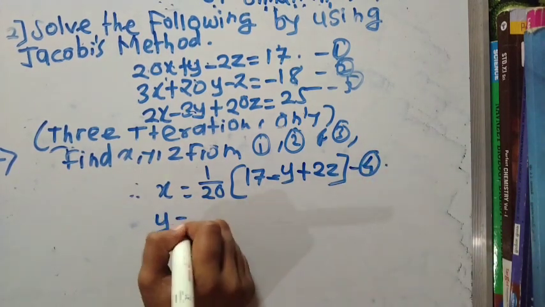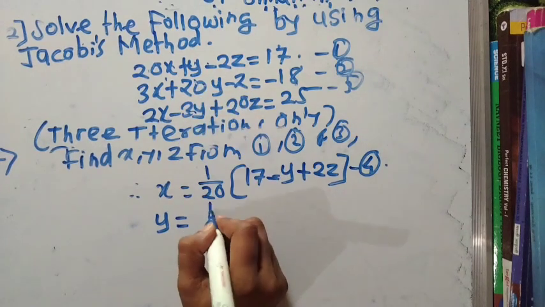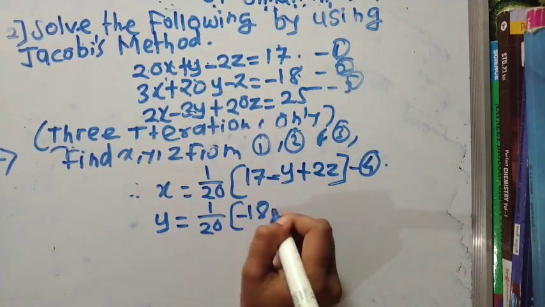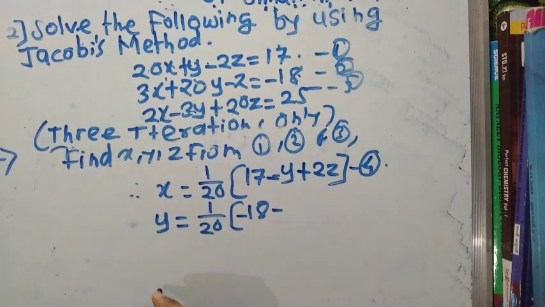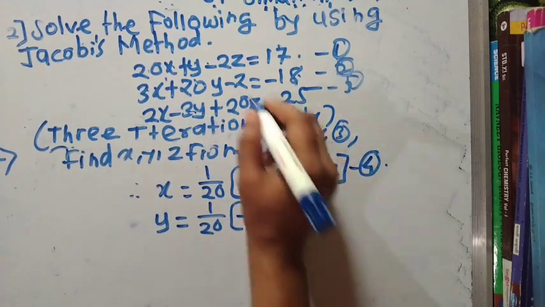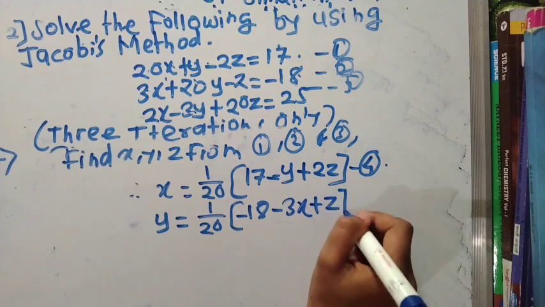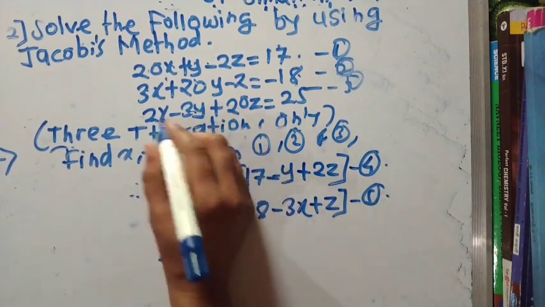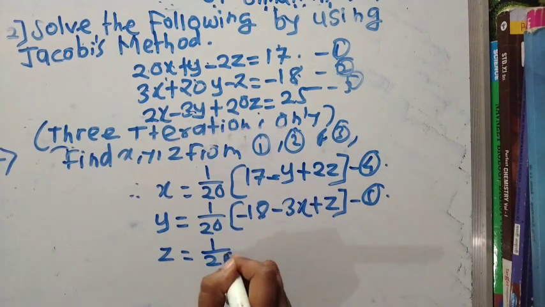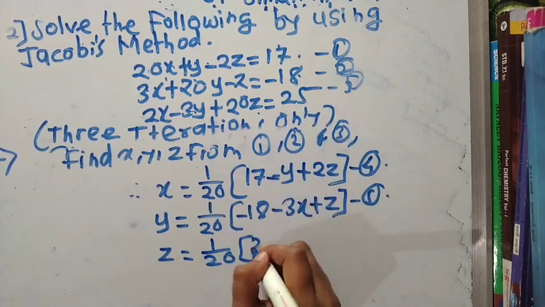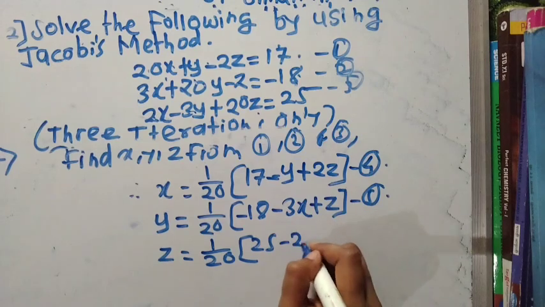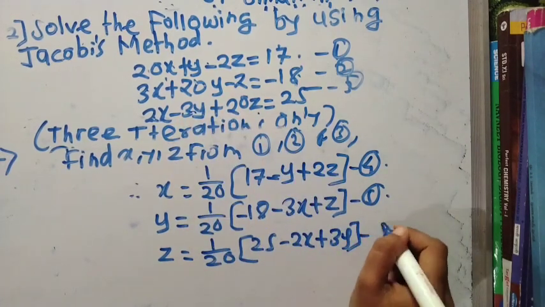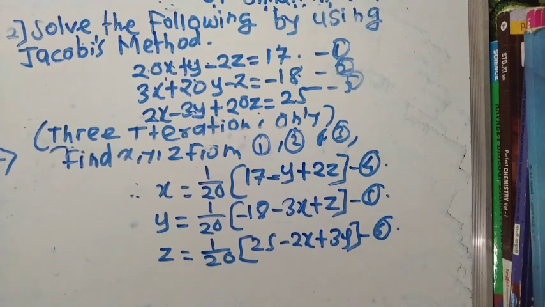Then find out y. y is equal to 1 divided by 20, minus 18 minus 3x plus z. The sign changes. Then z is equal to 1 divided by 20, 25 minus 2x plus 3y. These are the 3 equations.